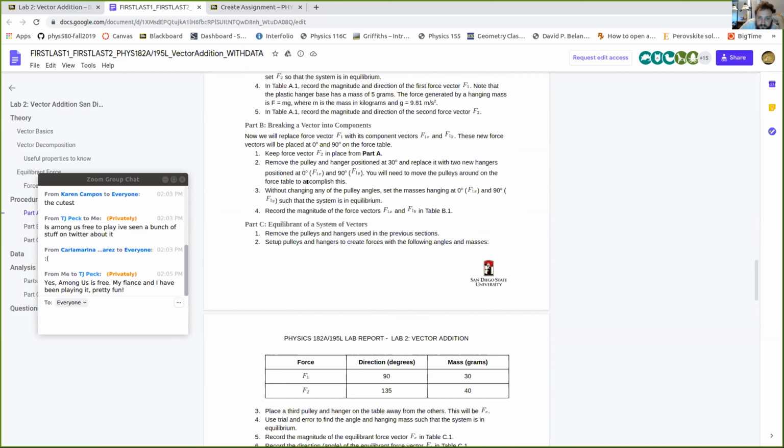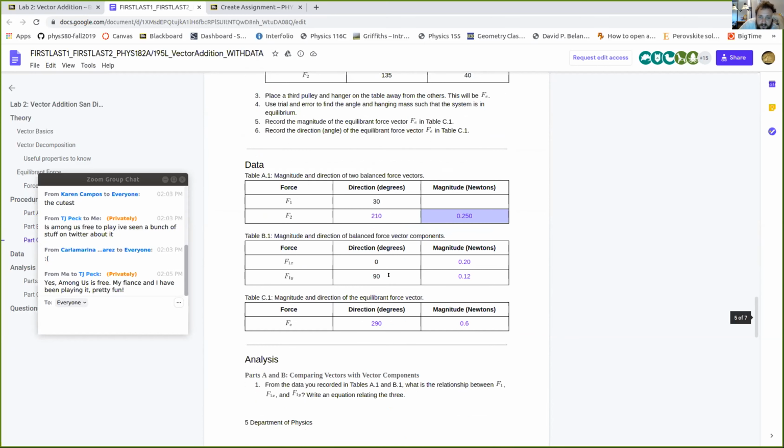Okay. So you can see here, what they did was you have this one at 30 and you have this one at 210, right? Then they took the one at 30 away and they put in a 90 and a 0. So instead of just doing the vector at 30 degrees, we're going to put in an X and a Y component that should be the same as pulling with 0.25 newtons at 30 degrees, which is the same as pulling 0.2 at 0 degrees and pulling 0.12 at 90 degrees.